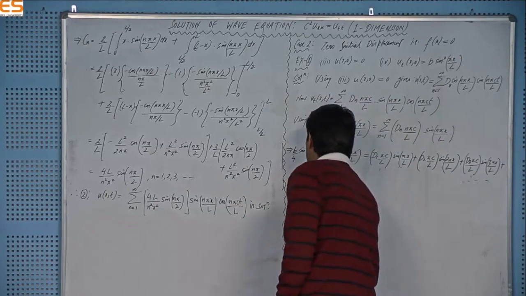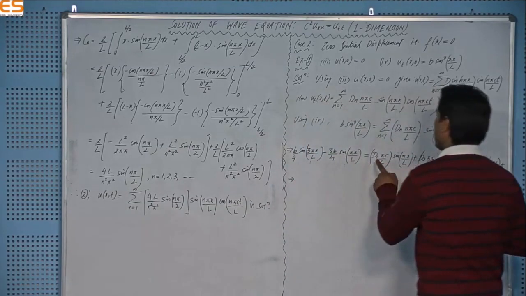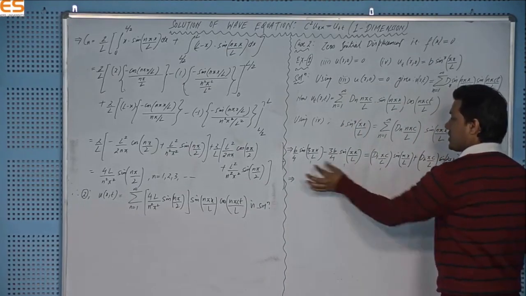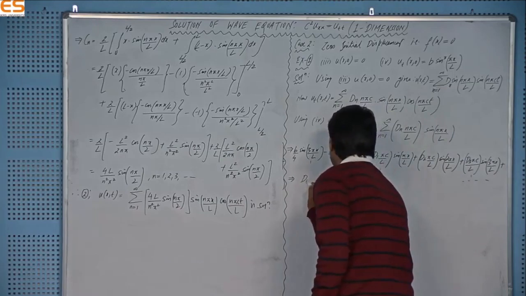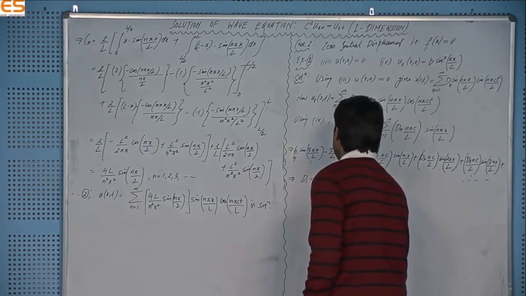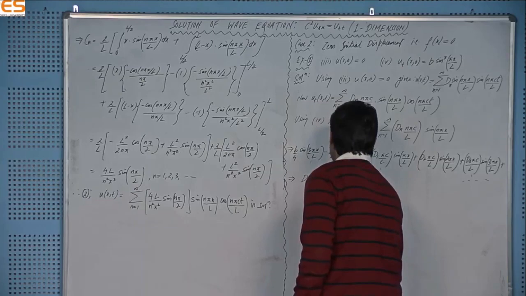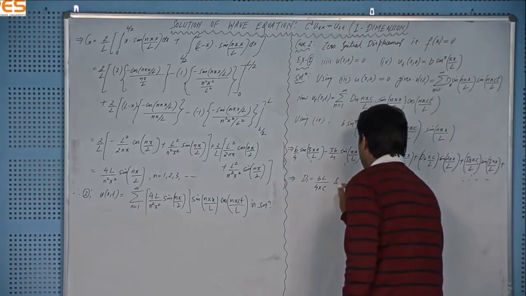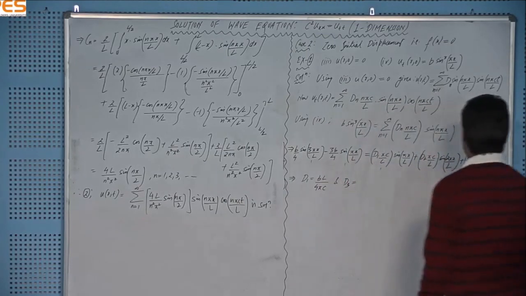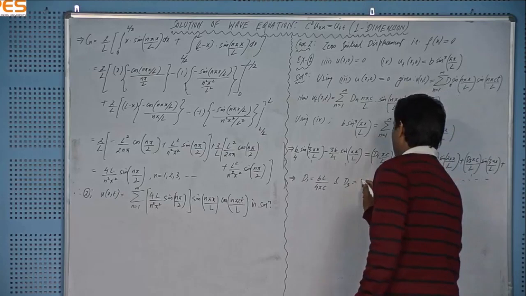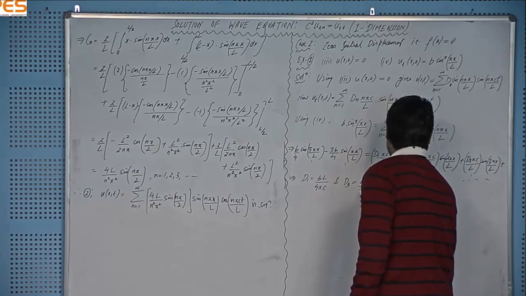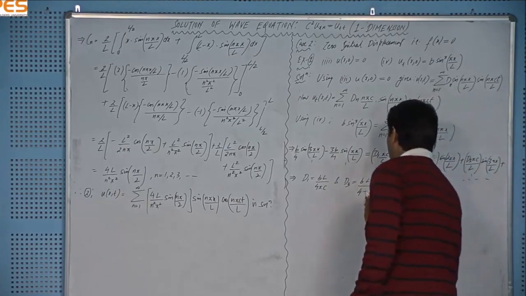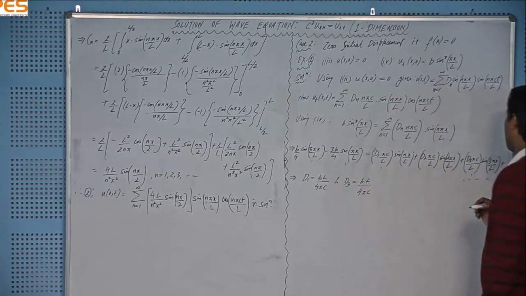On comparison, this coefficient equal to this coefficient will give me d_1 equal to bL/(4πc) for n equal to 1, and d_3 equal to bL upon 4πc.